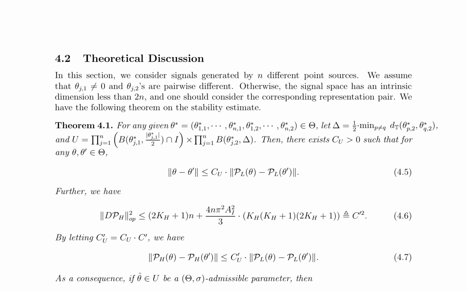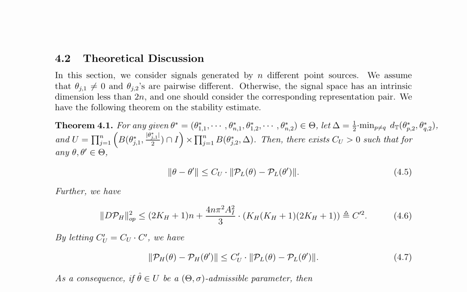The paper also presents theorem 4.1, which states that for any given θ* = (θ*_{1,1}, ..., θ*_{n,1}, θ*_{1,2}, ..., θ*_{n,2}) element of Θ, let Δ = 1/2 min_{p≠q} |θ*_{p,2} − θ*_{q,2}|, and U = Π_{j=1}^{n} B(θ*_{j,1}, |θ*_{j,1}|/2) ∩ iℝ × Π_{j=1}^{n} B(θ*_{j,2}, Δ).